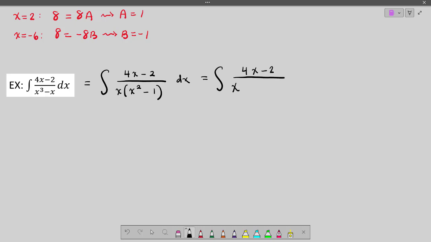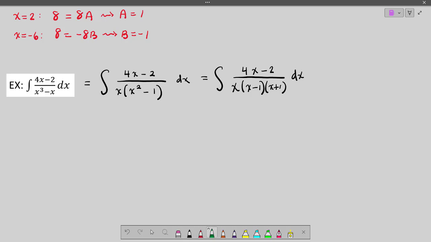Can be factored, right? A difference of squares can be factored. A sum of squares cannot be factored. So difference of squares can be factored. So now we're in this situation where we have 3 distinct linear factors.